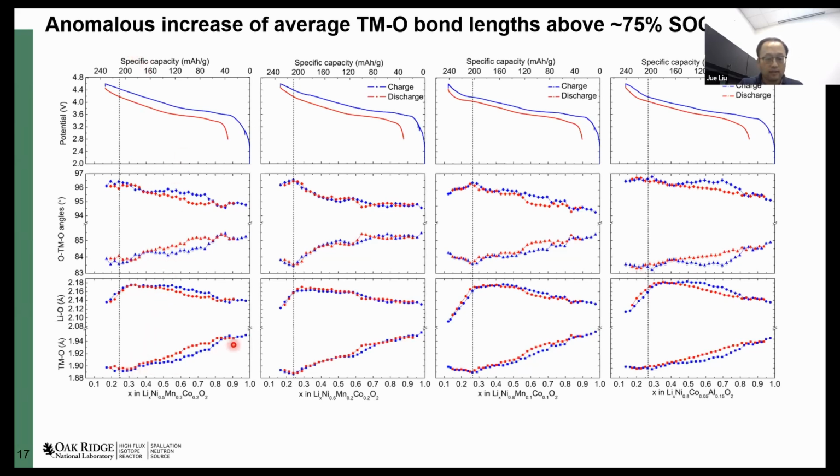You will notice there is a universal decrease of the bond length, which makes sense, right? When you take lithium out, you need to oxidize something in the system, and the transition metal-oxygen bonds decrease. But there is an enormous increase of the bond length when you reach about 75% delithiation. So that's something very unique.